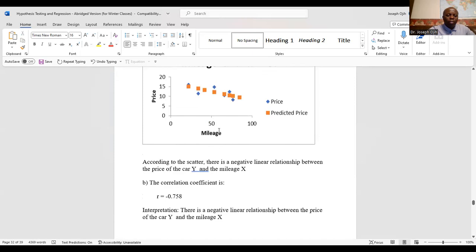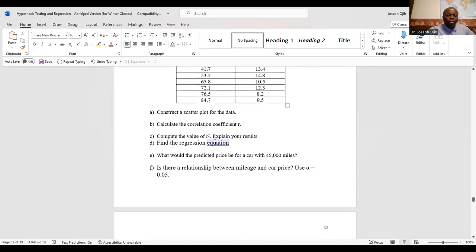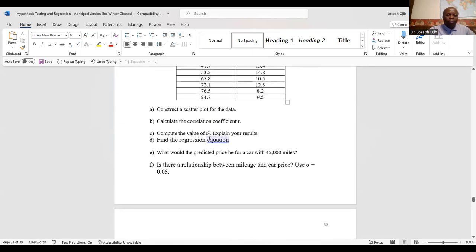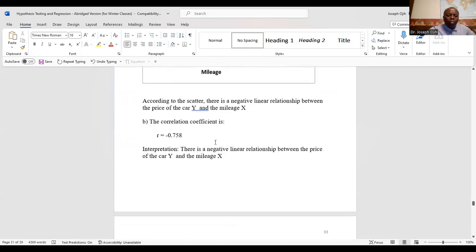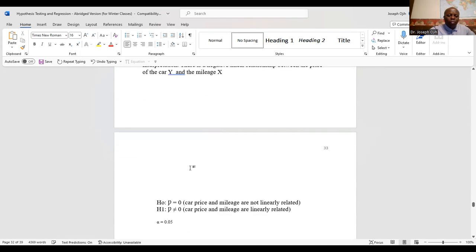Next one is question number 3, part C. Part C says, compute the value of R squared and explain your result. Well, R squared is given already there. Like I said, the regression output gives you everything.